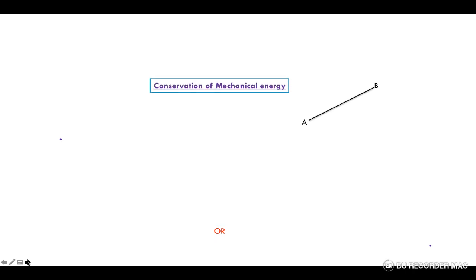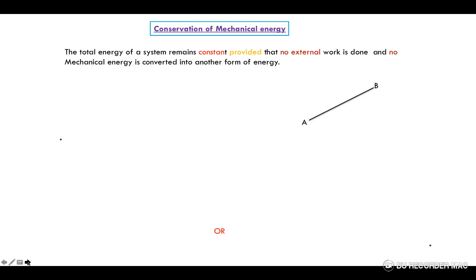So now, what is conservation of mechanical energy? This law is very important. It says that the total energy of a system remains constant provided that no external work is done and no mechanical energy is converted into another form of energy.